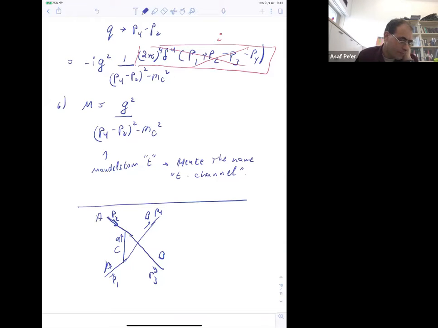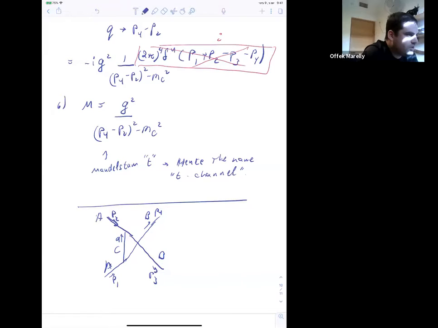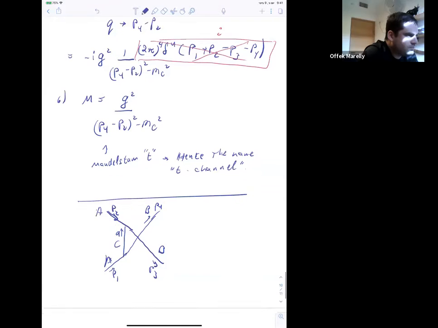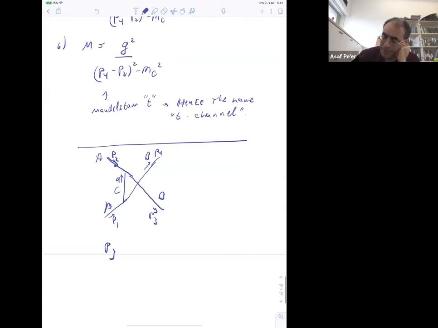But of course, I don't really have to work very hard, because what's the difference between this diagram and the T diagram that we had previously? Only the momentum. Exactly, it's only a change in momentum. It's only that we change P3 with P4, that's all.